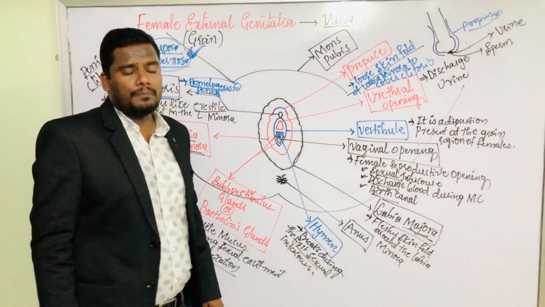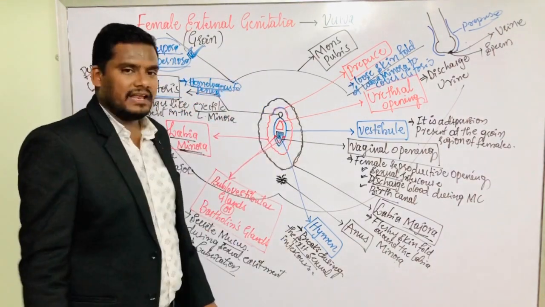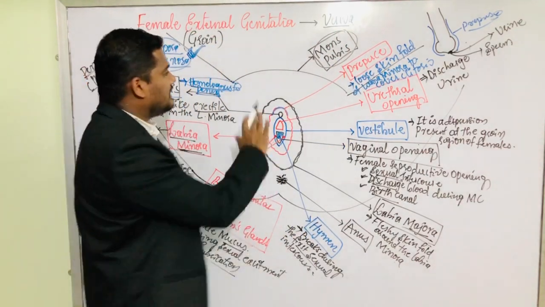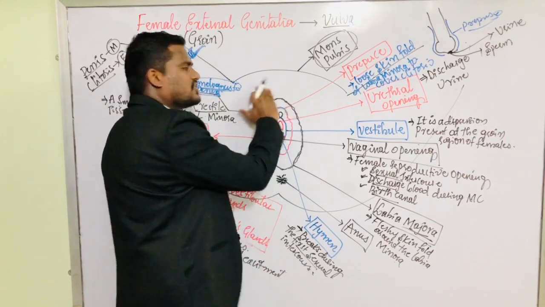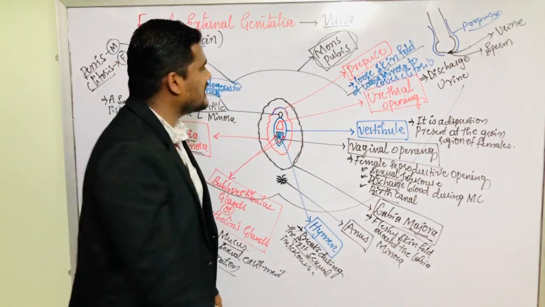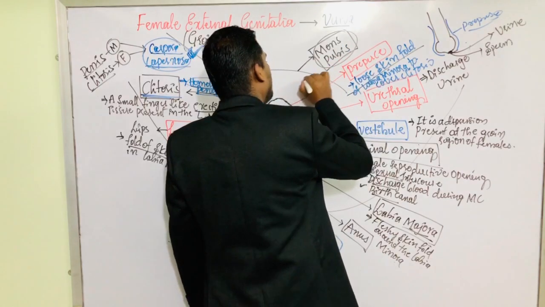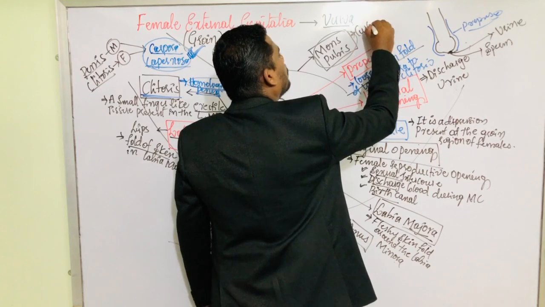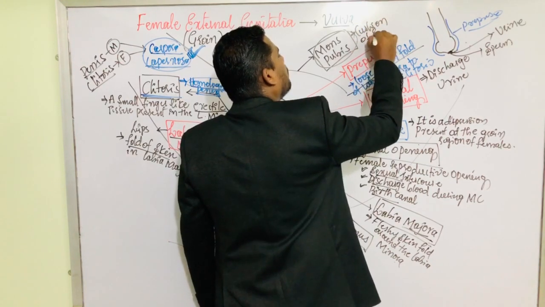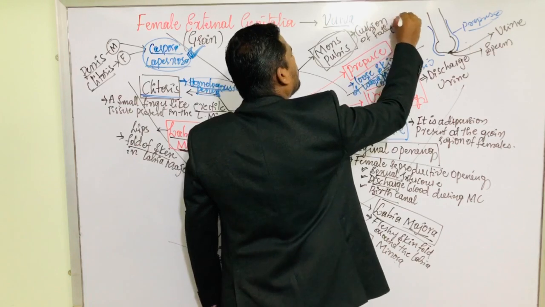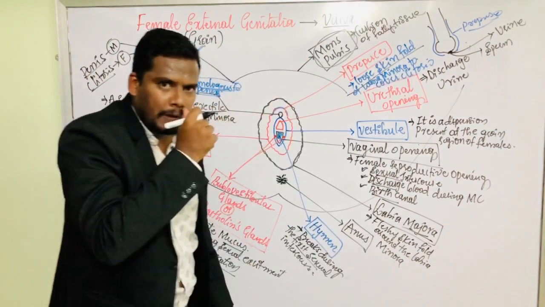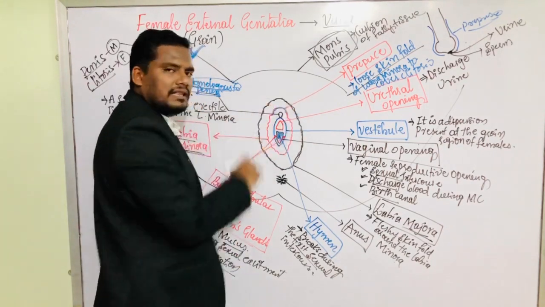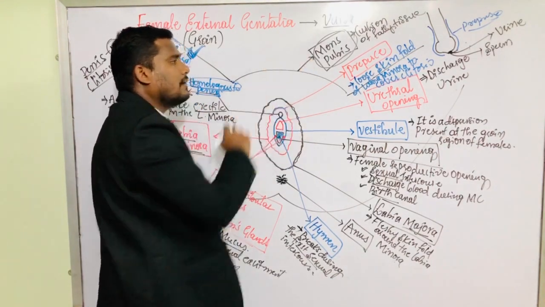The most important part of the female external genitalia, my dear friends, is the mons pubis. This upper hill-like structure is called mons pubis. The mons pubis is a cushion of fatty tissue. Here plenty of fat gets deposited.